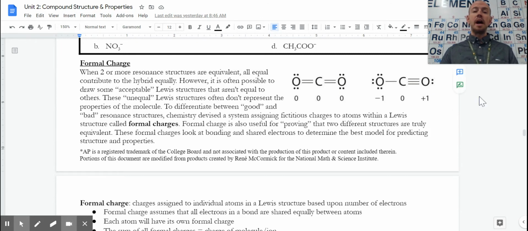Down here across the bottom, we have numbers that are called formal charges. Formal charges are a useful way of proving whether something's better or not. Down below, I've got the formal definition and process for how to find a formal charge, but really it's about thinking about how many electrons does something want around it based upon the valence electrons that it brought.